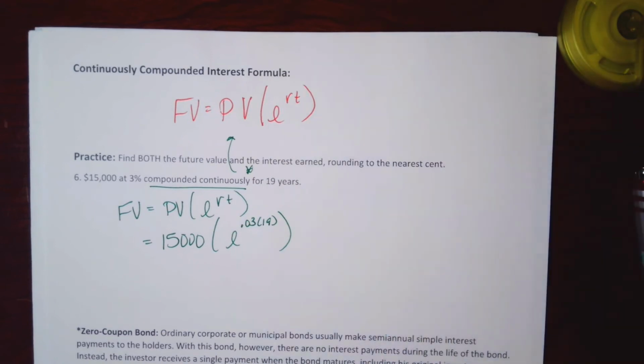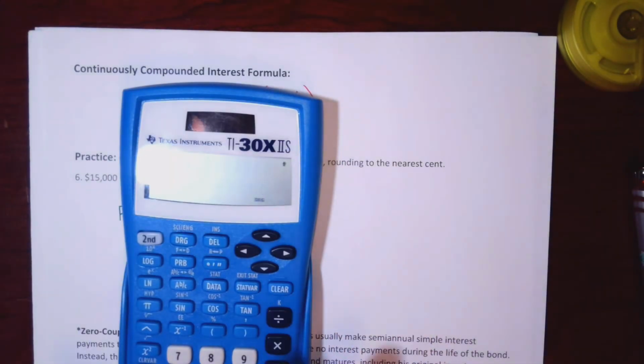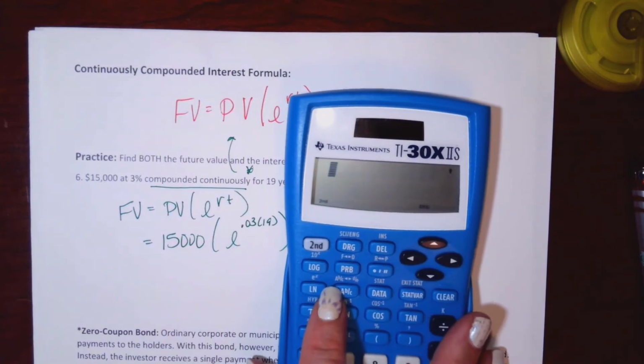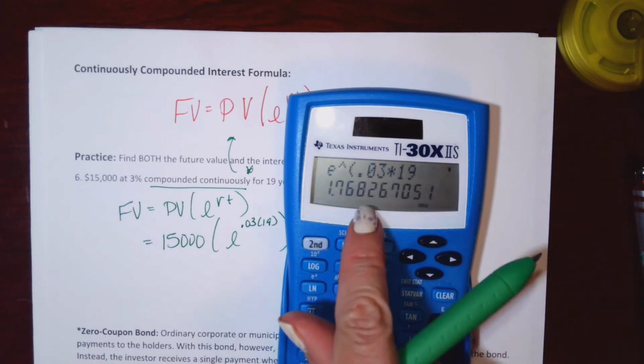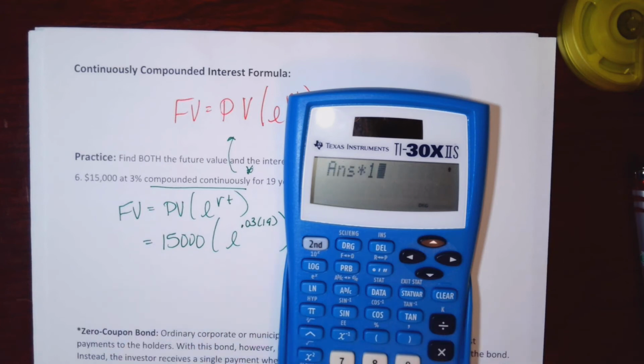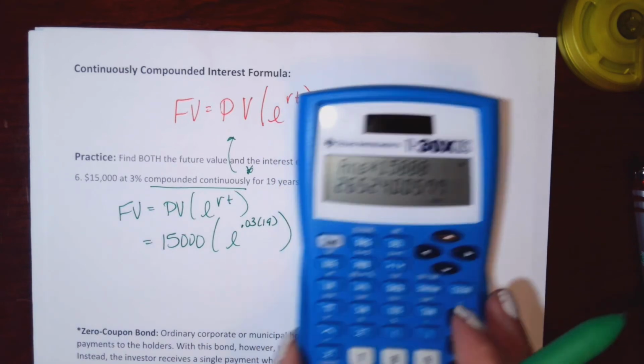So in your calculator, second function, natural log, and notice it opens your parentheses for you. You can do 0.03 times 19 as your exponent, and this is what you multiply by the 15,000. Multiplying by that present value is always the last thing you do.